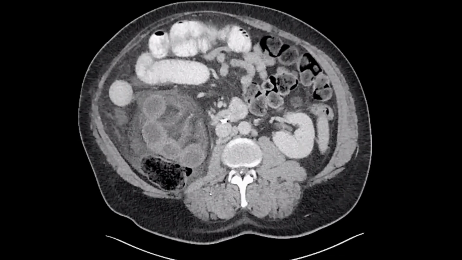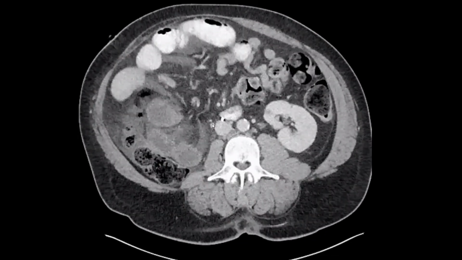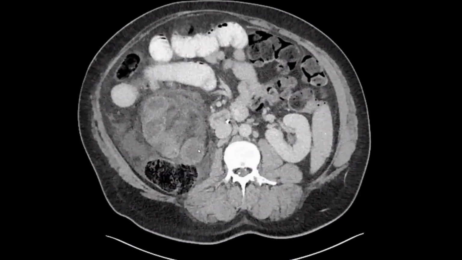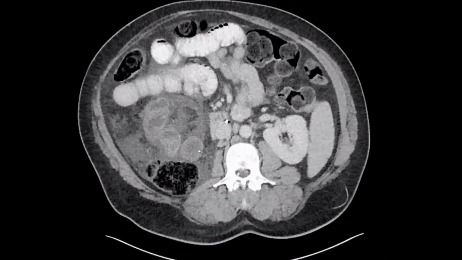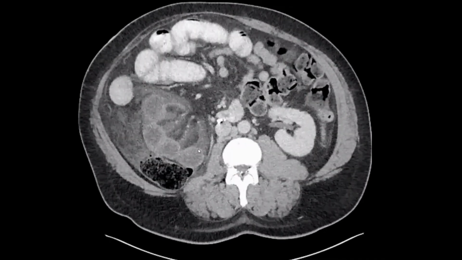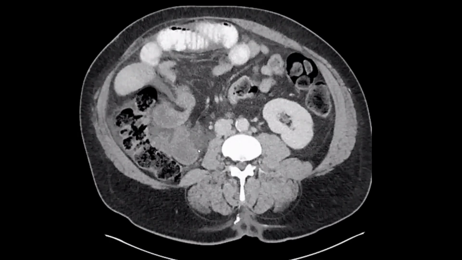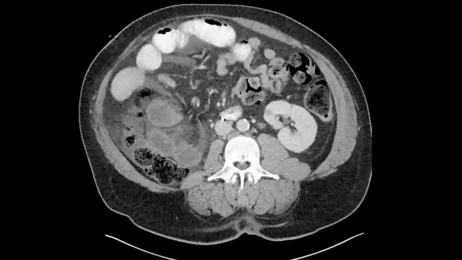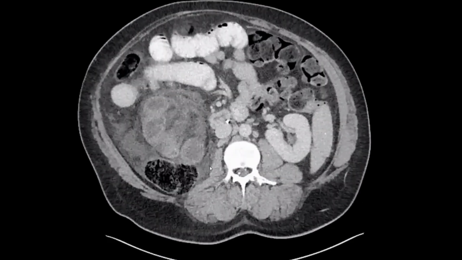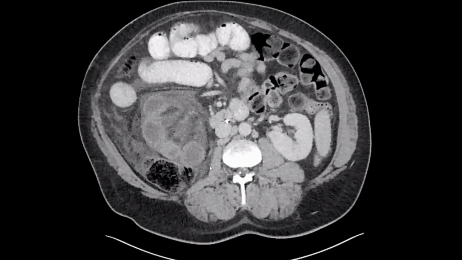So this is a cause, and you mentioned that we don't have any perforation. Yes, sir, I cannot see any ascites, but there is fat stranding and inflammation in the vicinity. What else? Once you have closed loop obstruction, you should search for complications.